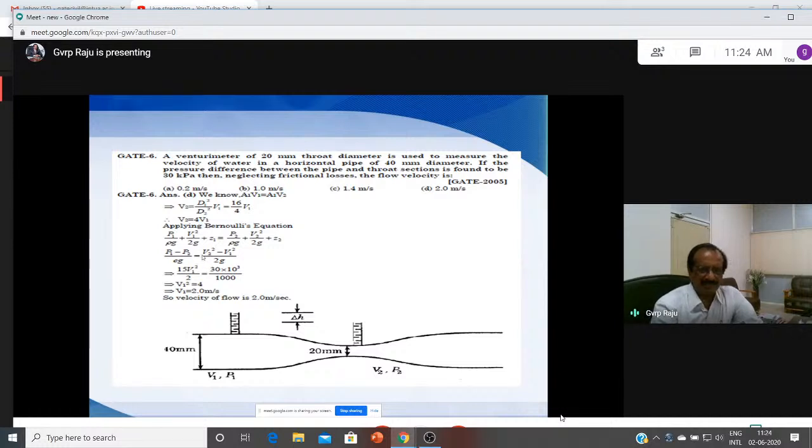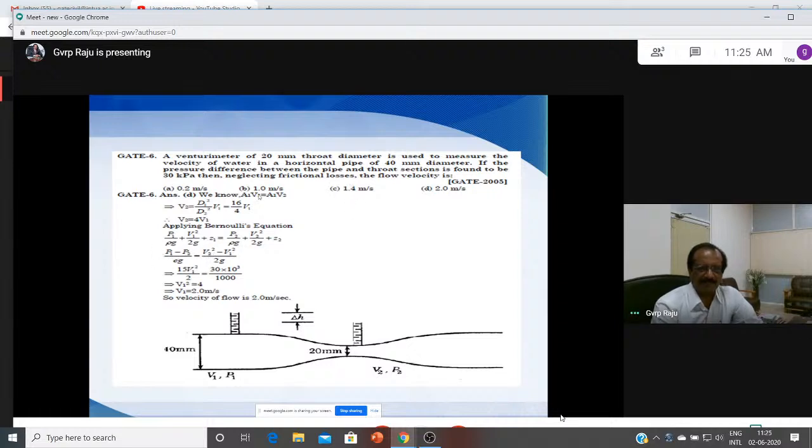Then apply Bernoulli's equation: P1 by W plus V1 square by 2G plus Z1 is equal to P2 by W plus V2 square by 2G plus Z2. So here (P1 minus P2) by W is equal to (V2 square minus V1 square) by 2G. We have the velocity V2 equal to 4V1. You can substitute the value here, and (P1 minus P2) by W is known.